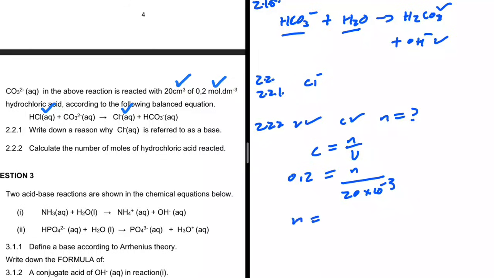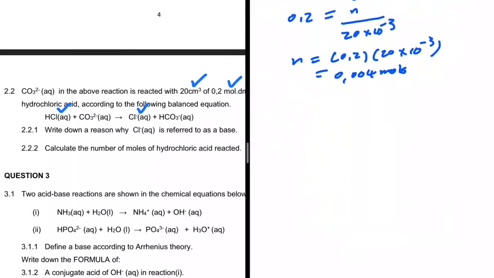Number of moles is equal to 0.2 multiplied by 20 times 10 to the minus 3, which is 0.004 moles. So there we go. That is the answer to 2.2.2.